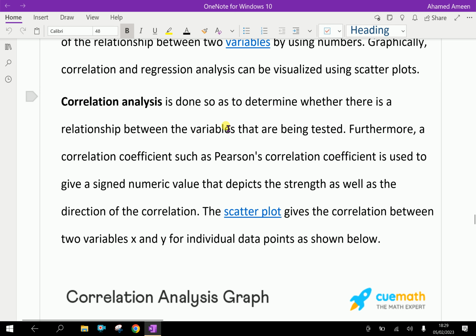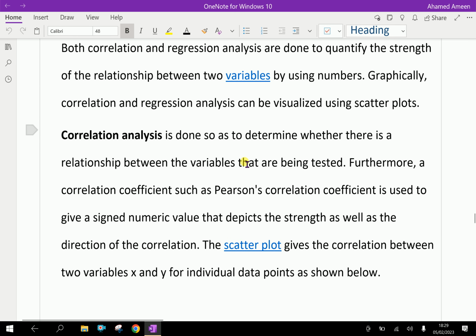Correlation analysis is done so as to determine whether there is a relationship between the variables that are being tested. Furthermore, a correlation coefficient such as the Pearson correlation coefficient, which we will discuss later, is used to assign a numeric value that depicts the strength as well as the direction of the correlation.